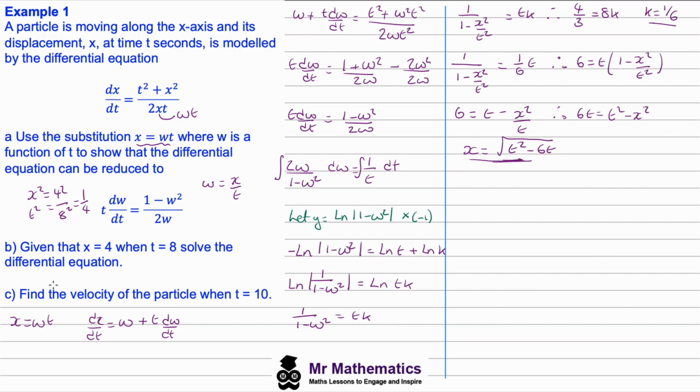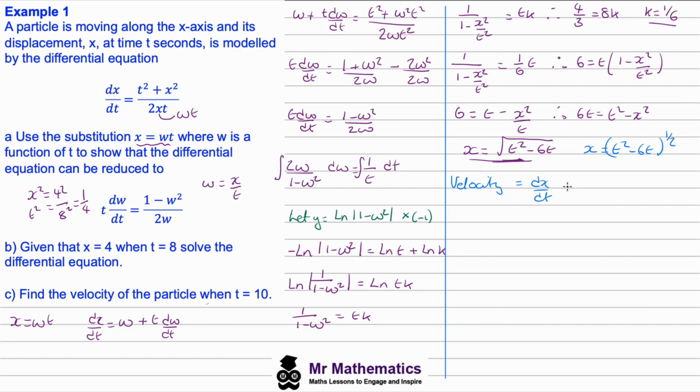So for part B, find the velocity of the particle when t equals 10. So we know that velocity is dx by dt. So we need to differentiate this with respect to t. So I'll write x as t squared minus 6t to the power of 1/2.